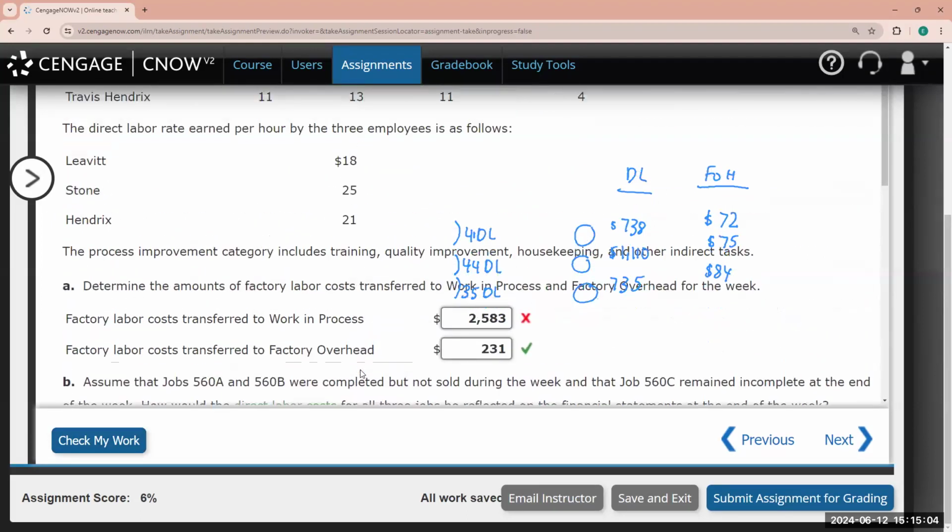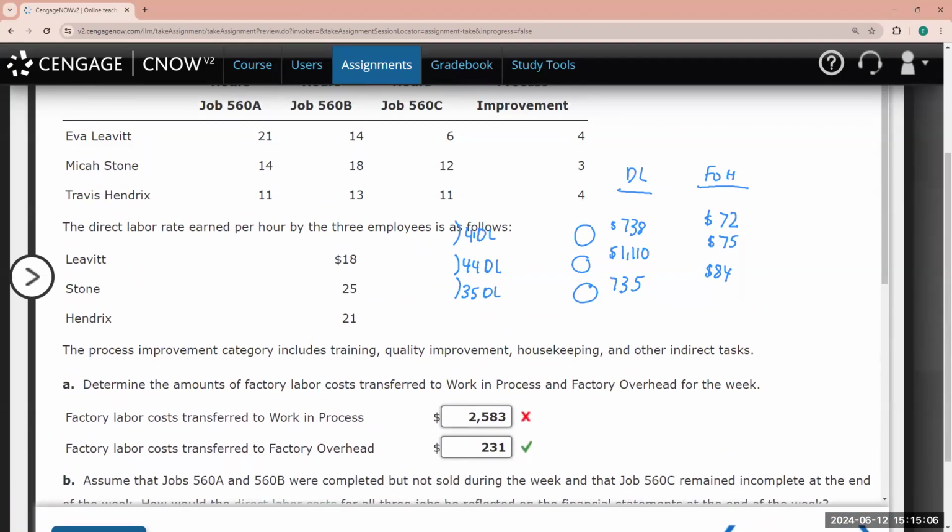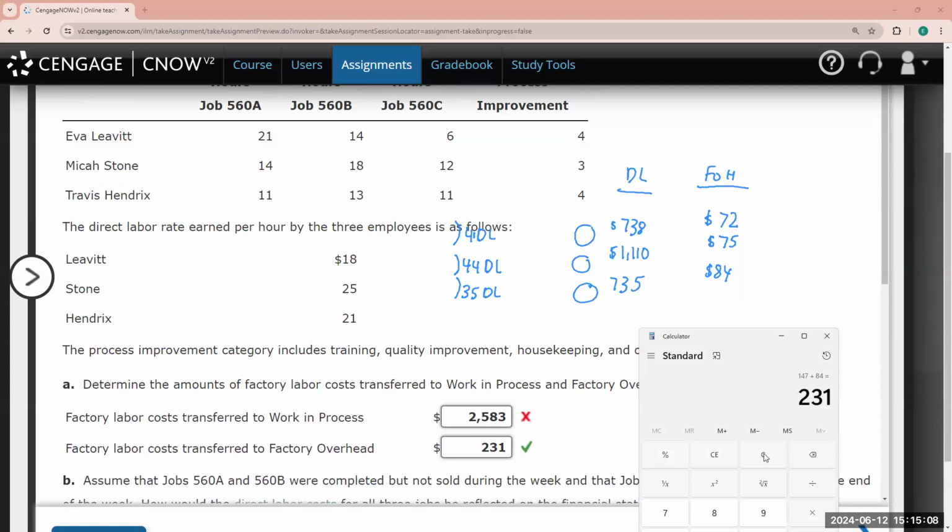All right, let me do the math again. So 21 plus 14 plus 6 times 18 an hour gives us 738, which is correct. Next for Micah Stone, 14 plus 18 plus 12, 44 hours times 25 an hour.